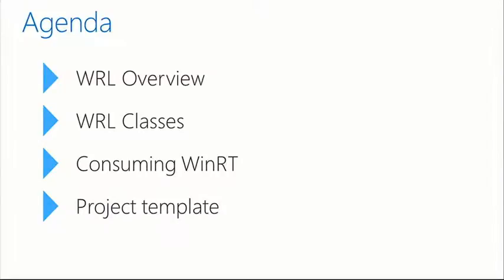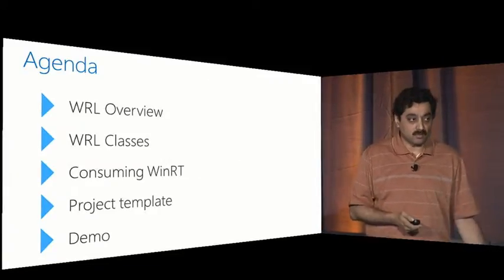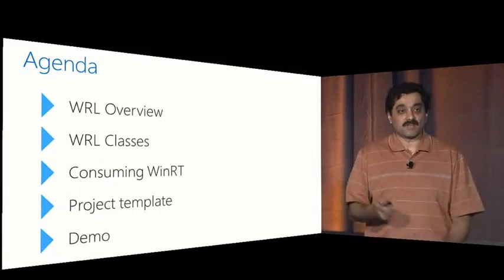What do I do? And then we will go into demos where we will walk through a set of different types of creating a WRL component, adding methods, adding events, and non-default constructors and things like that. Most of our time will be spent in the demos, so I hope you'll get more out of that than me talking here.